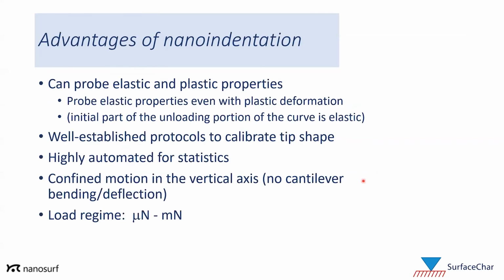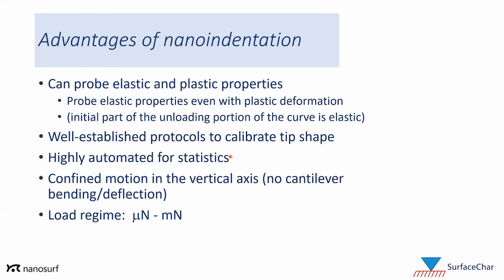What are some of the advantages of nanoindentation? It can probe both elastic and plastic properties. It can probe elastic properties even with plastic deformation through the initial part of the unloading portion of the curve. Nanoindentation has very well-established protocols to calibrate tip shape. It is highly automated for statistics.